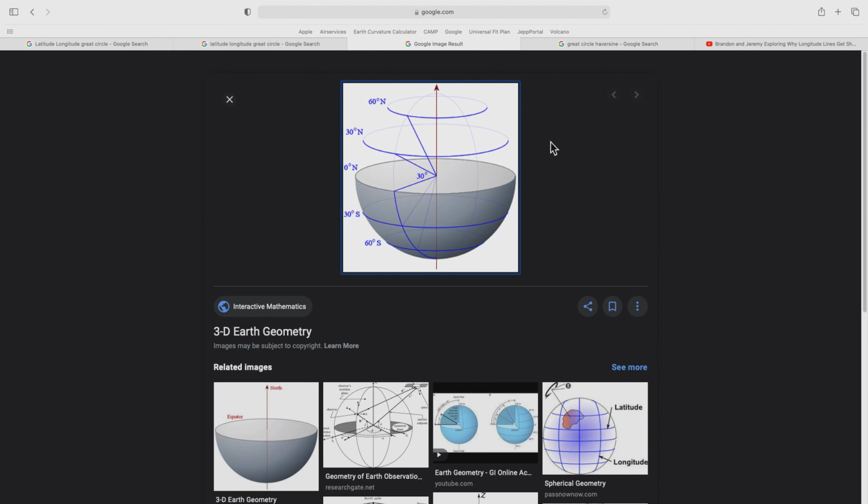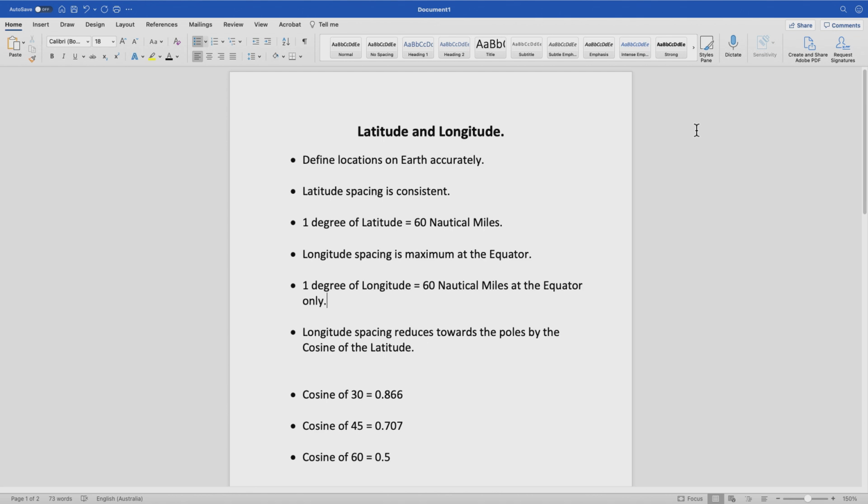So to calculate the circumference of any line of latitude, we take the distance around the Earth at the equator, that is 21,600 nautical miles, and multiply it by the cosine of the latitude. So let's summarize. Latitude and longitude define locations on the Earth accurately.